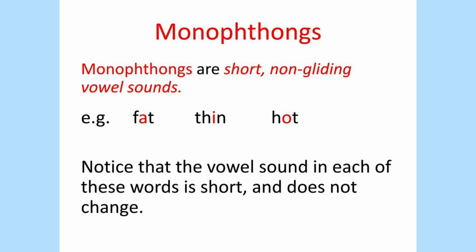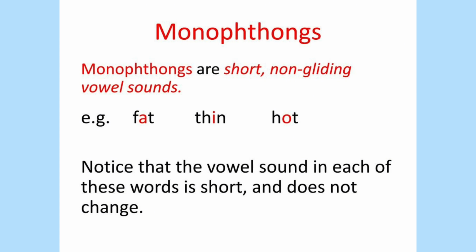Okay, so monophthongs are short non-gliding vowel sounds. For example, fat, thin, hot. In fat, the a sound; in thin, the e sound; in hot, the o sound. Notice that the vowel sound in each of these words is short. It's not sustaining for a long time and it does not change either.